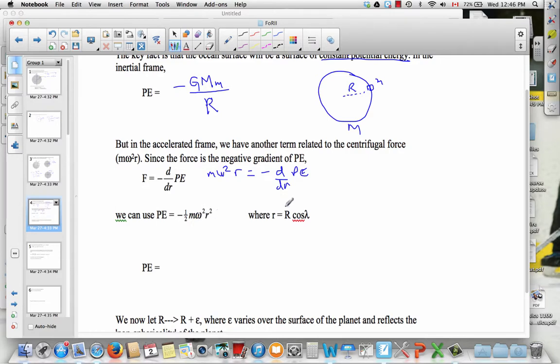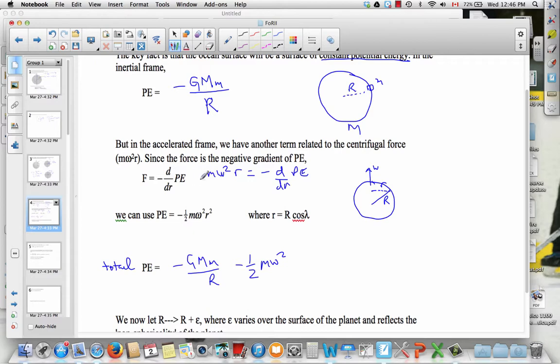Now, little r, of course, is the distance to the rotational axis, and when we view this from above, we remember that big R is the radius of the Earth. This is little r right here, and so that's R cos lambda. So for our total potential energy, we'll have the gravitational, and then we'll have a centrifugal quasi-potential energy.